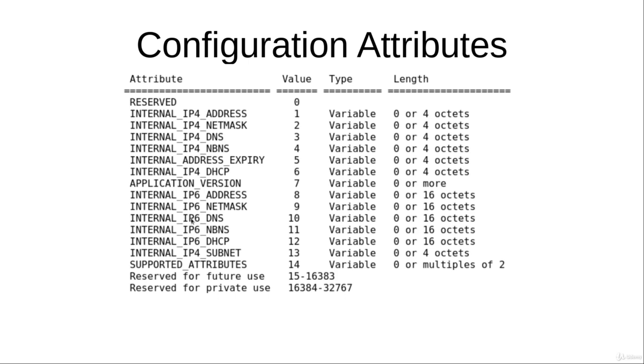Internal IPv4 NBNS as well as internal IPv6 NBNS request an address of a NetBIOS name server within the network. Multiple NBNS servers can be requested. The responder would respond with 0 or more NBNS server attributes. Only one attribute can be present in the reply.